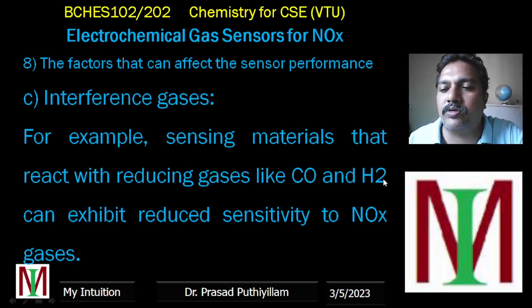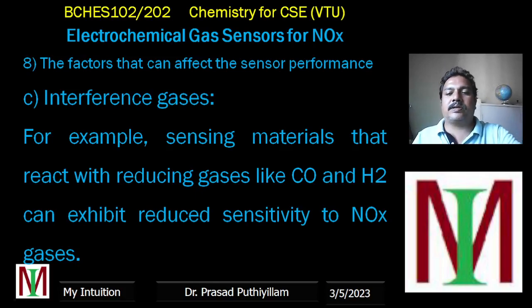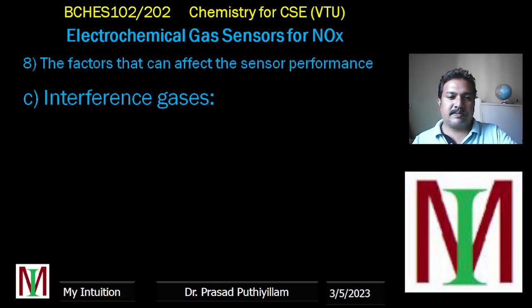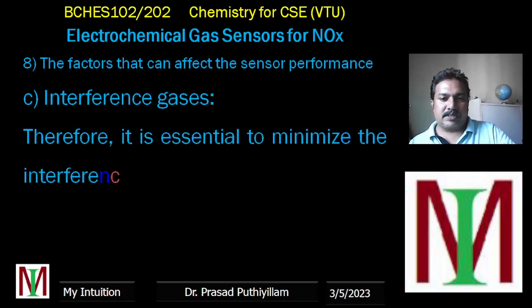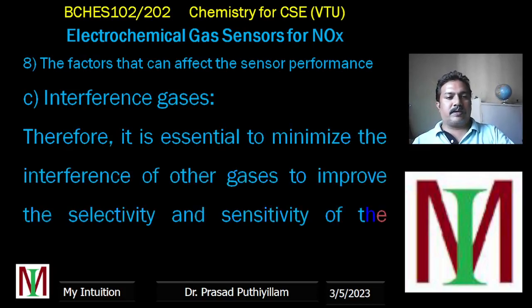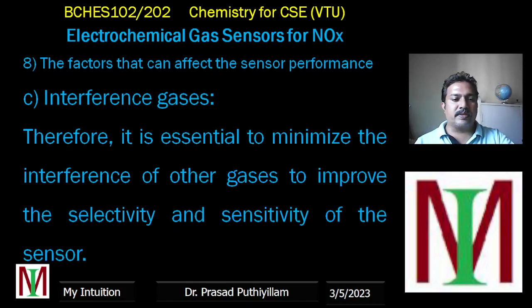This one should not be written H2 like this. Hydrogen gas is a capital H and the 2 is a subscript. Exposure to these reduces sensitivity to NOx gases. Therefore, it is essential to minimize the interference of other gases to improve the selectivity and sensitivity of the sensor.